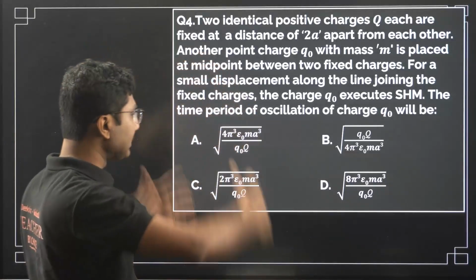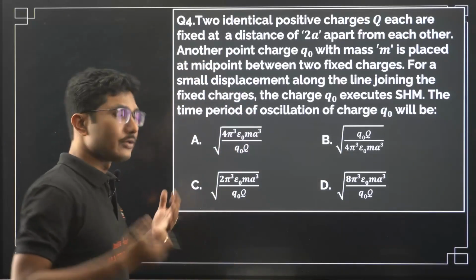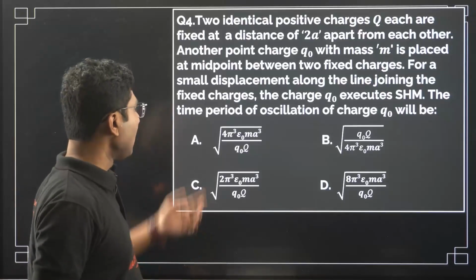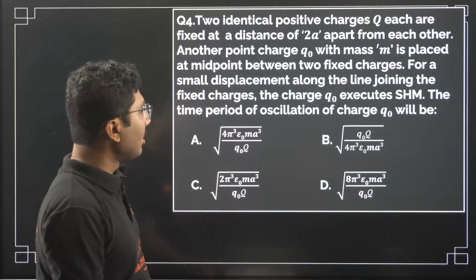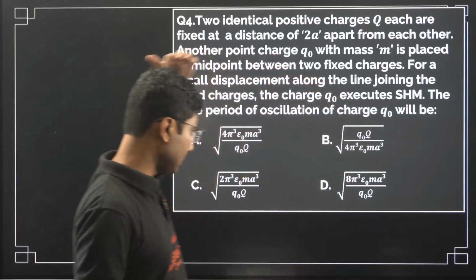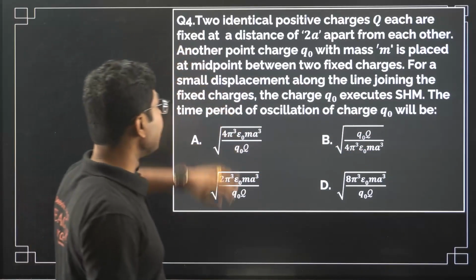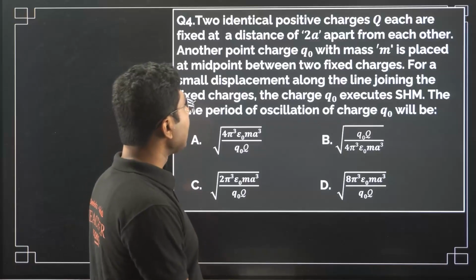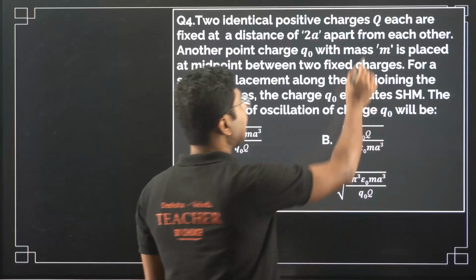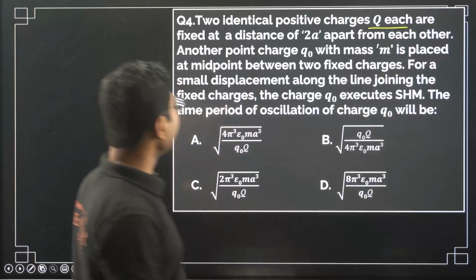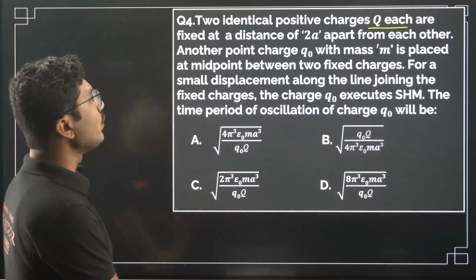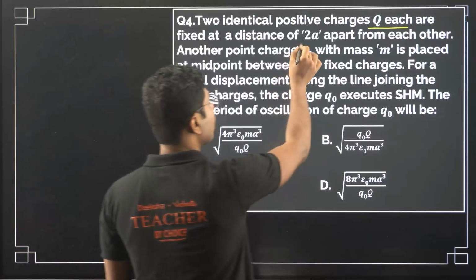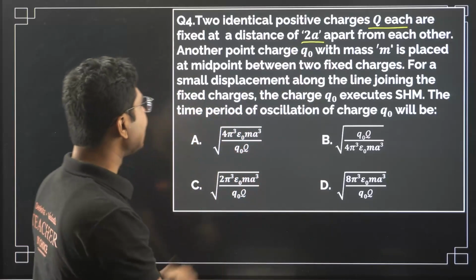Now let's move on to the next question. As you can see, this is a long question. I will try to simplify it as much as possible. Answer itself is very long. Some symbol I think is distorted. Let's see. Two identical positive charges Q, capital Q, each are fixed at a distance of 2a apart from each other.